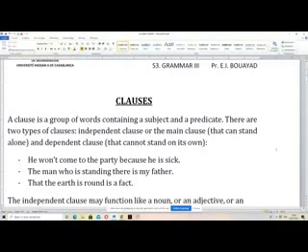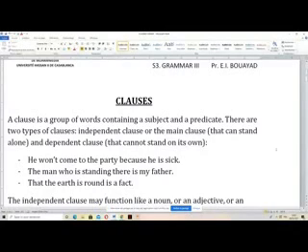If we take the examples: he won't come to the party because he is sick; the man who is standing there is my father; that the earth is round is a fact. Here you can notice that we have sentences, and these sentences consist of two essential clauses, one that is more important than the other.